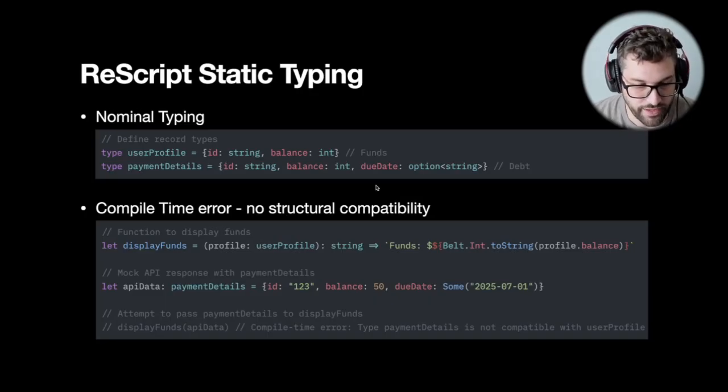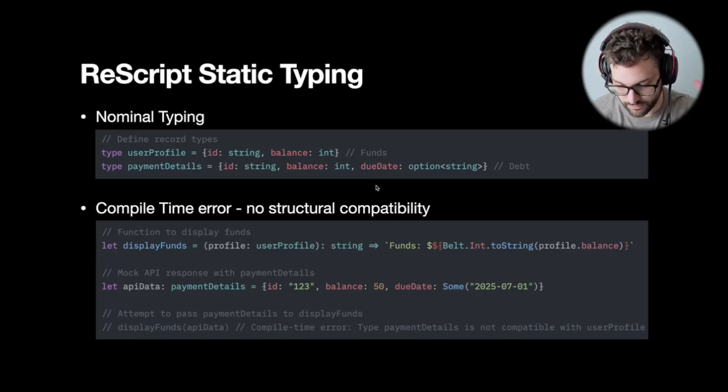Even though there's overlap in some properties and their types, these are two fundamentally different types in ReScript. And we get a compile time error. And this is just to reinforce the fact that there's no structural compatibility between the user profile and the payment details. So we're going to get a compile time error.